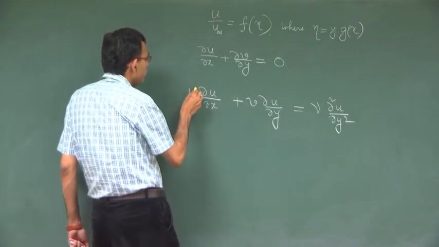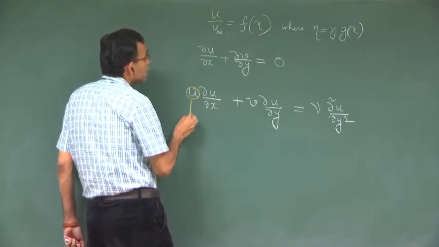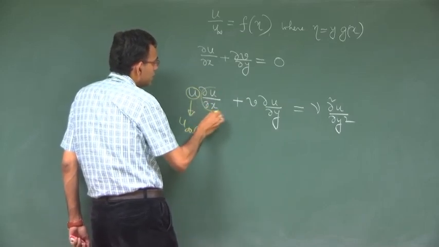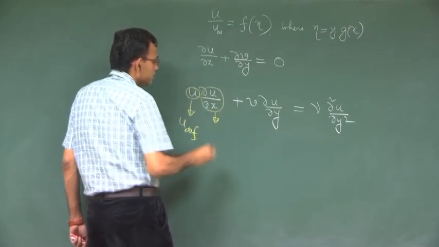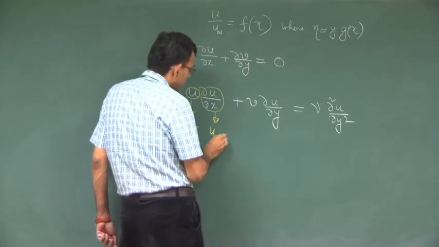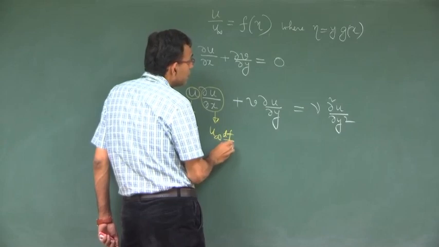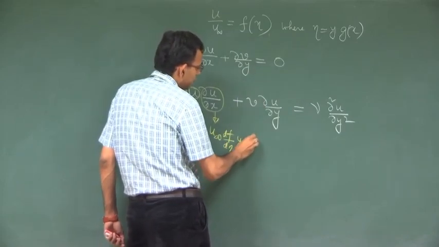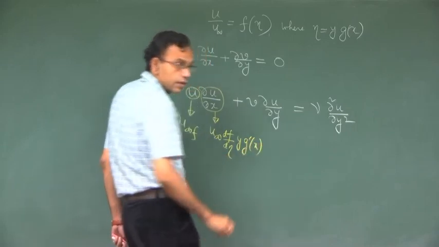So, this u is u infinity into f. What is this? This is u infinity df d eta into del eta del x, which is y into g dash x, right.